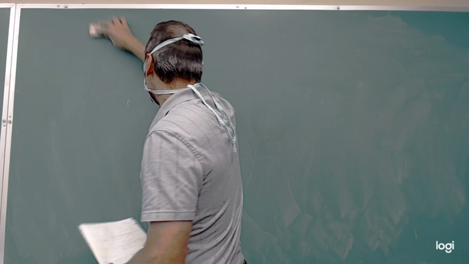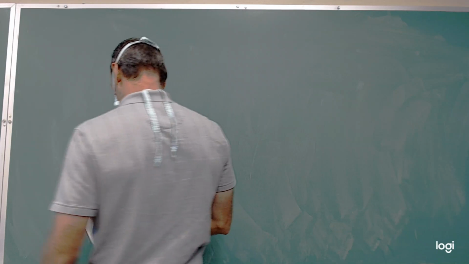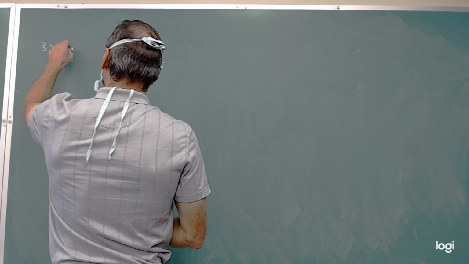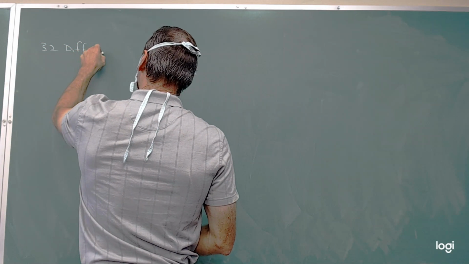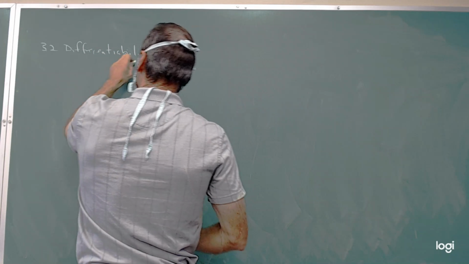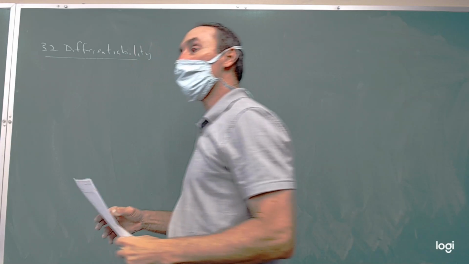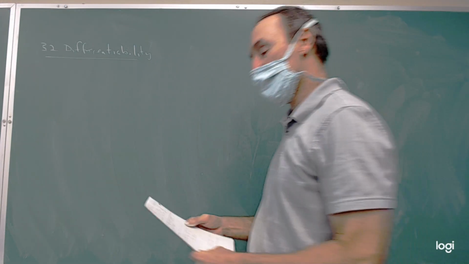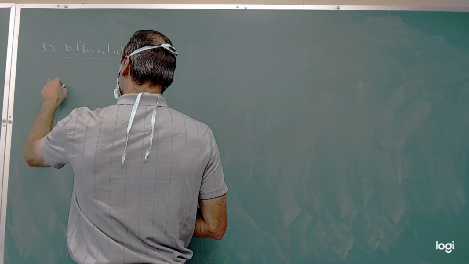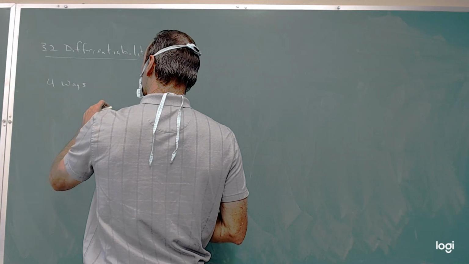You've seen this before, right? So differentiability is 3.2. A function is differentiable if the derivative exists at that point. So there are 4 ways that the derivative does not exist.